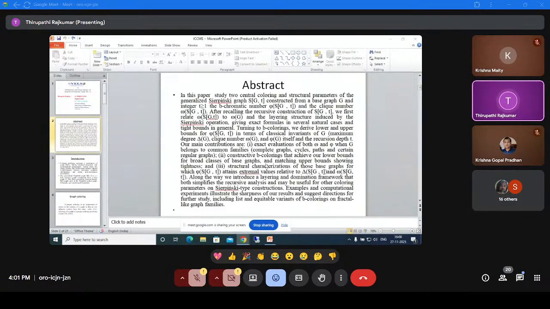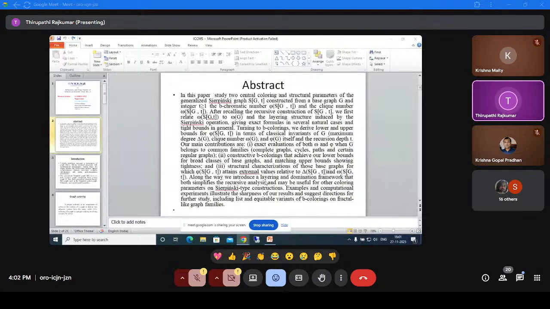Second, constructive b-colorings that achieve our lower bound for broad classes of base graphs, and a matching upper bound showing tightness. And third, structural characterization of those base graphs for which φ_b(S(G,t)) attains extremal values relative to Δ(S(G,t)) and ω(S(G,t)).